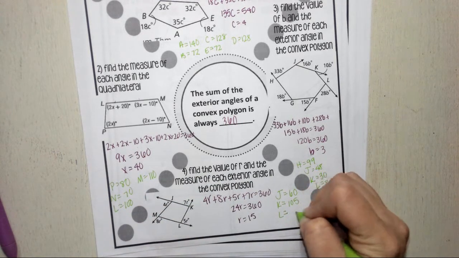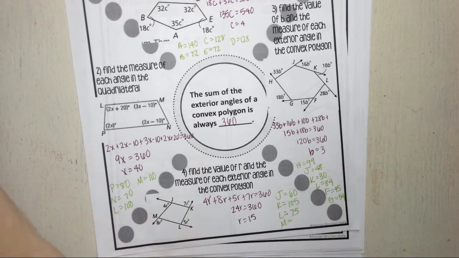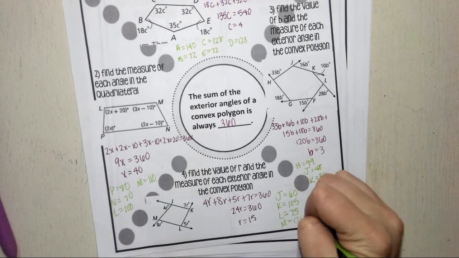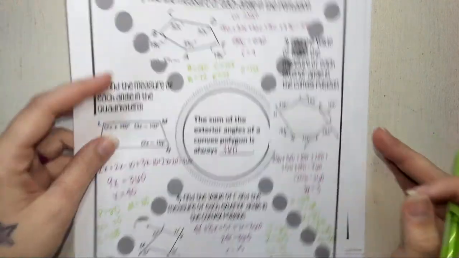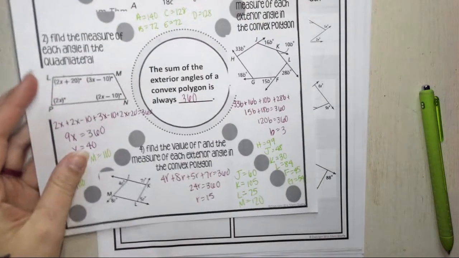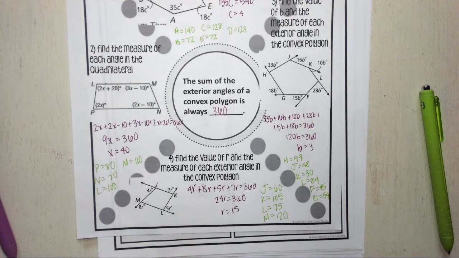L is 75. And M is 120. Sorry, I got excited and moved that too fast. Alright, so if you need to, pause it there.